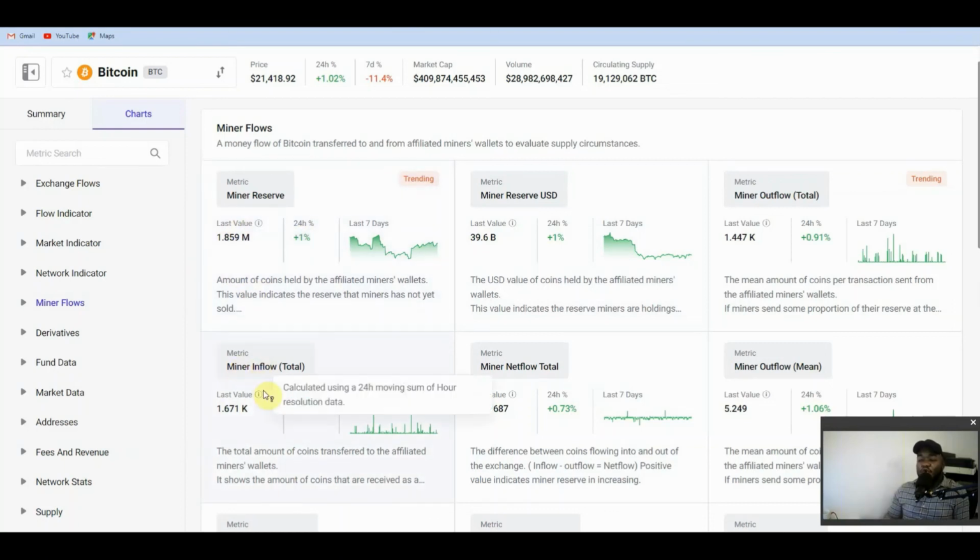But look at the miner outflow total, the mean amount of coin per transaction sent from an affiliated miner wallet. If miners are sending out to an exchange, a dump is about to happen because they are going to sell off. But if they are reserving them, it means they are just keeping them for maybe long-term or short-term sale.